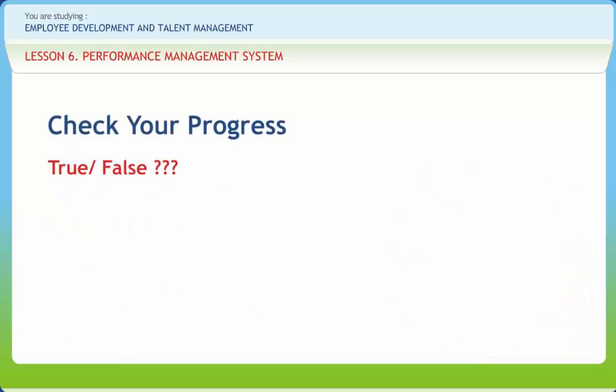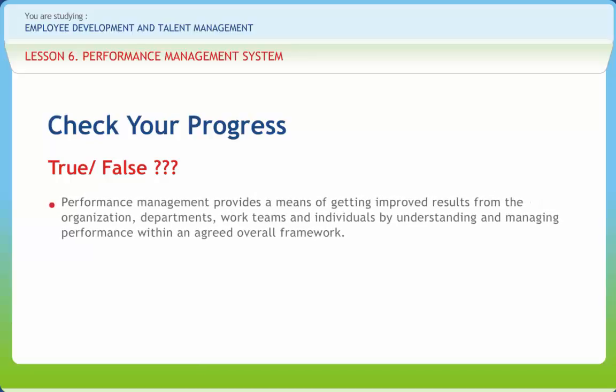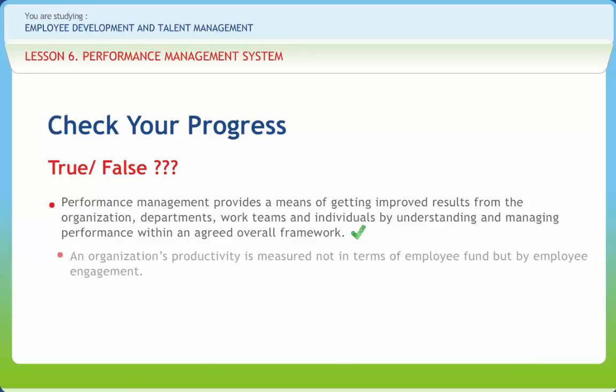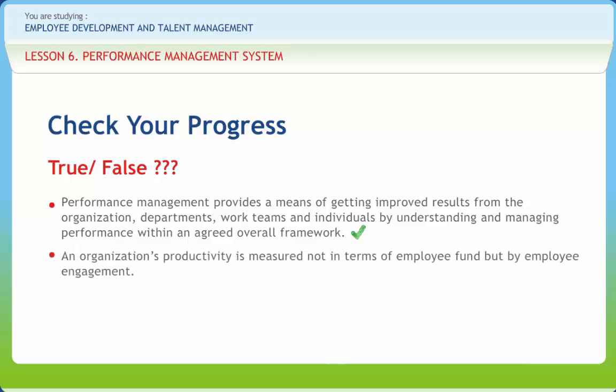Now let us check if you have understood the various concepts discussed in this lesson clearly. Performance management provides a means of getting improved results from the organization, departments, work teams, and individuals by understanding and managing performance within an agreed overall framework. Right or wrong? Right. An organization's productivity is measured not in terms of employee fund, but by employee engagement.